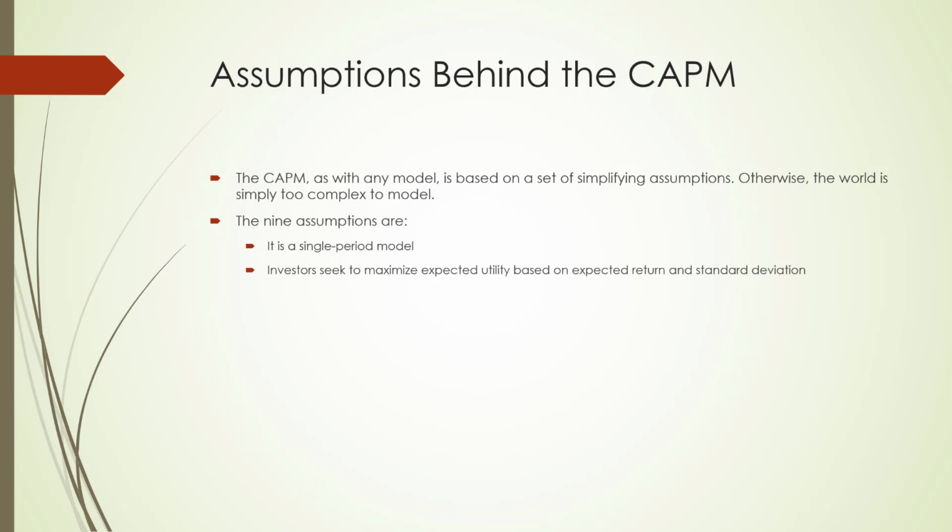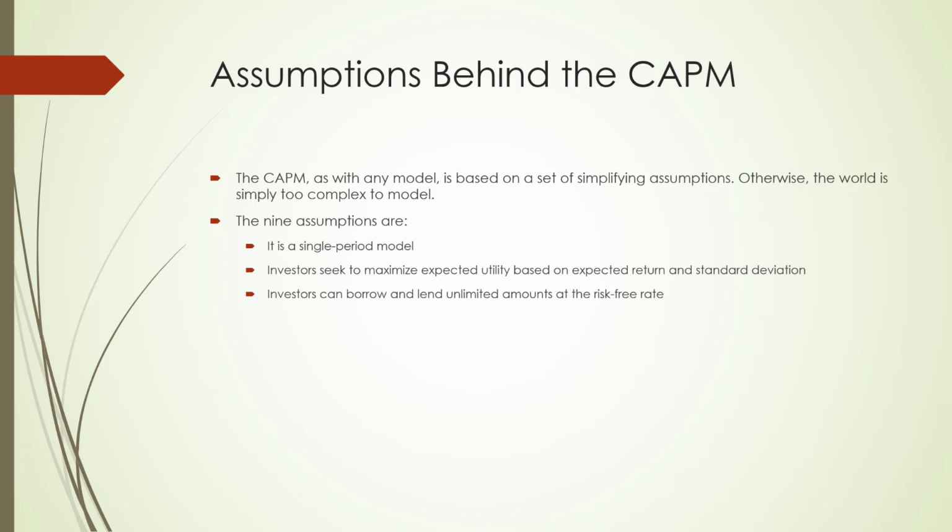When we looked at that utility function a little while ago, that's exactly what we said. We said that expected utility is a function of expected return and standard deviation, and that the goal of any rational human being is to maximize their expected utility. Next, we assume that investors can borrow and lend unlimited amounts at the risk-free rate.